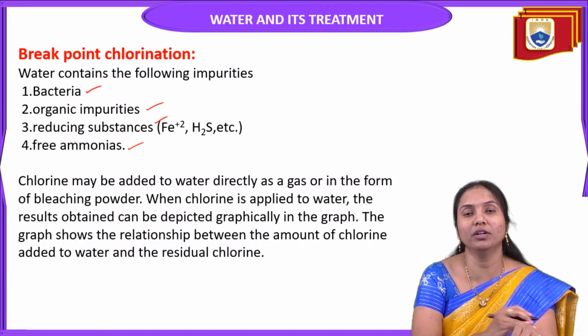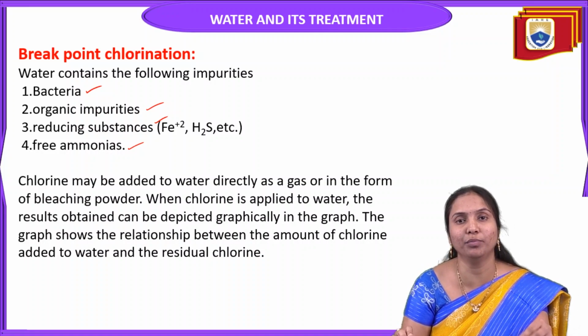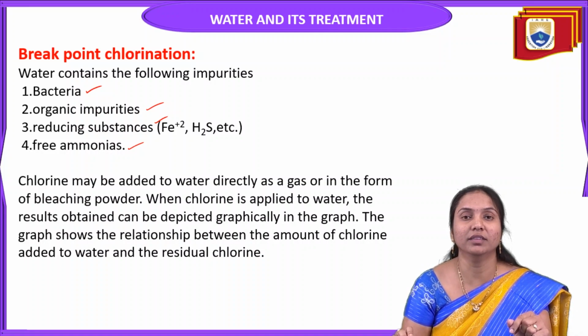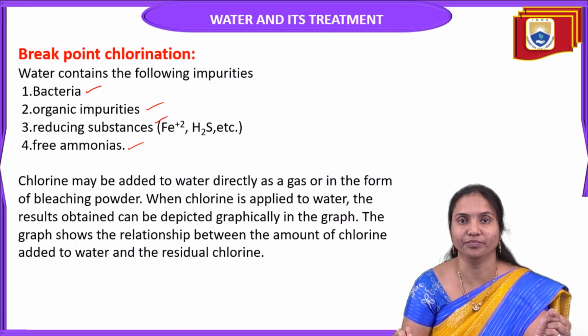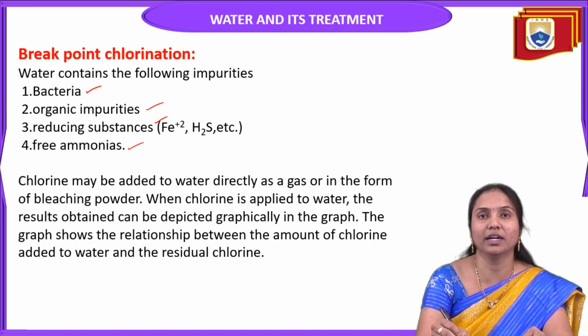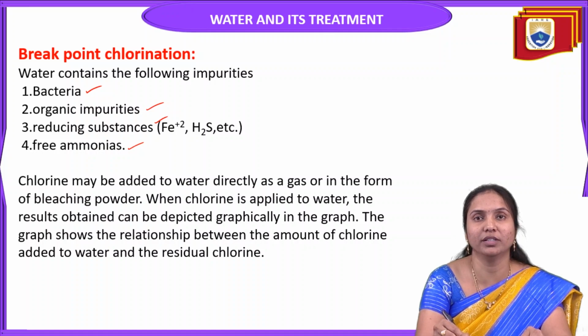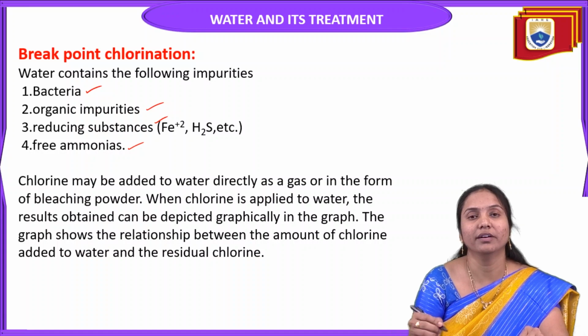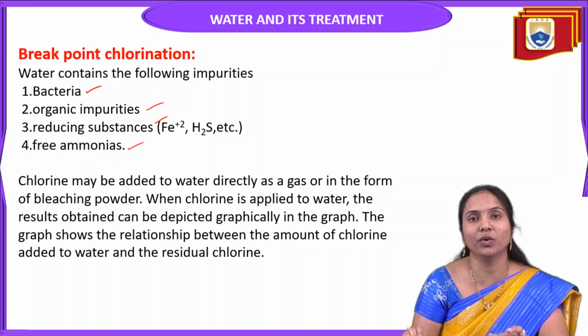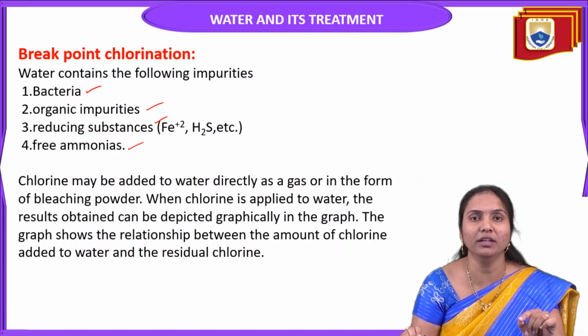At which point chlorine removes all the impurities present in water, that point is considered as breakpoint chlorination. For example, here the water contains impurities like bacteria, organic impurities, reducing substances, free ammonia, etc. We can remove all the impurities by adding chlorine.